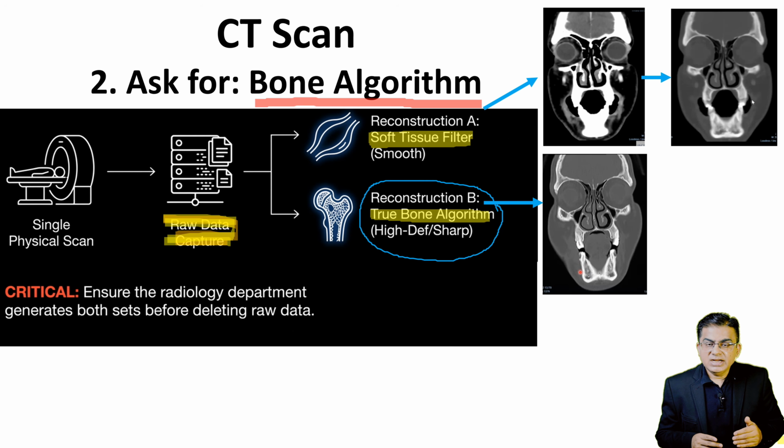So it is one single physical scan but two separate sets of images generated by the computer: one smooth set for soft tissue and one highly sharpened set for bone window. You have to make sure your radiology department actually creates that second set of true bone algorithm before they delete the raw data from their system.